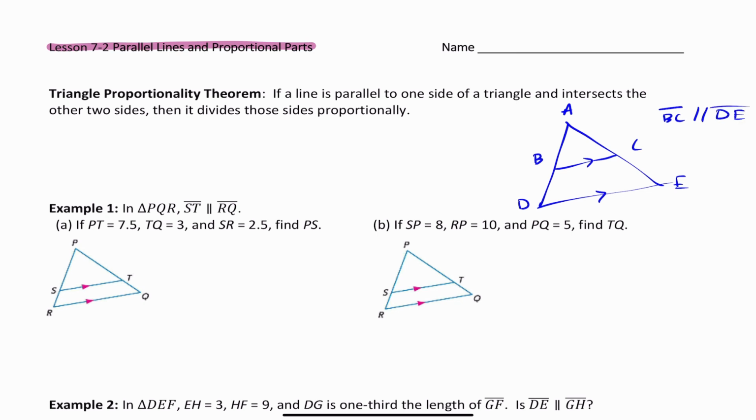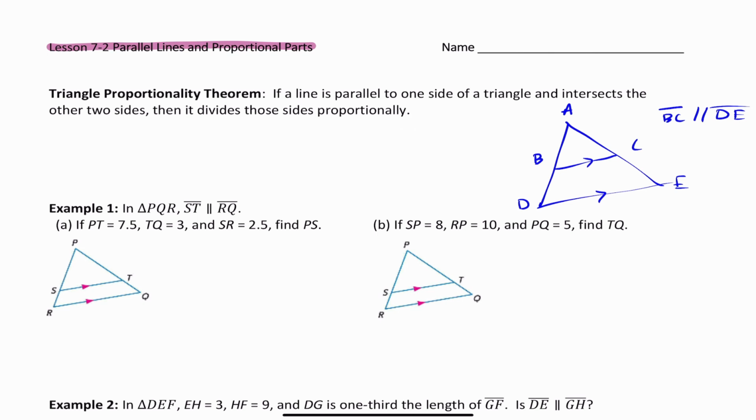Okay? So now that I have this figure, let's discuss the triangle proportionality theorem, which states that if a line is parallel to one side of a triangle and that same line intersects the other two sides, then it's going to divide those sides proportionally.